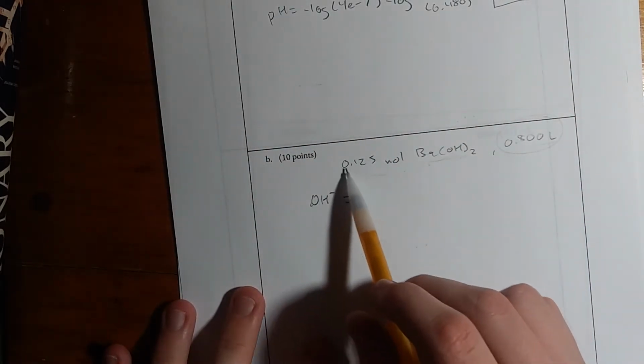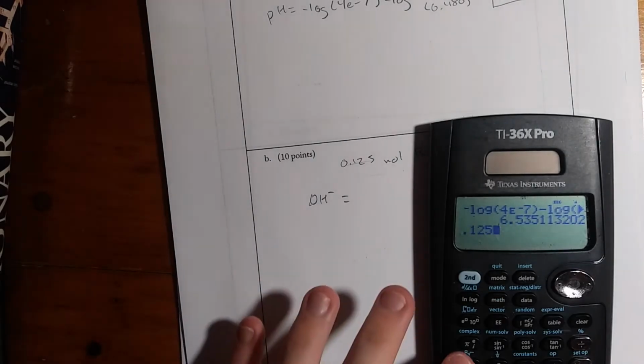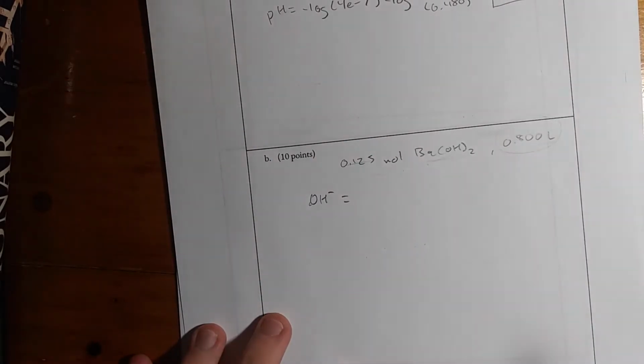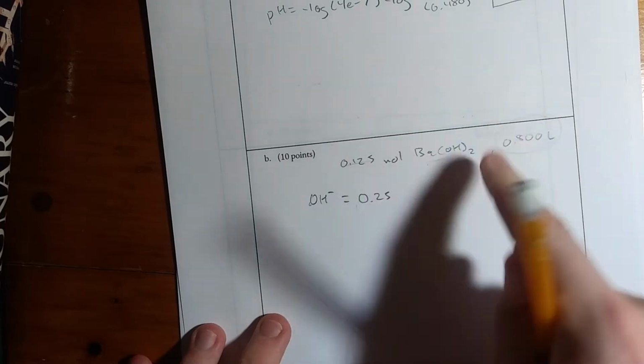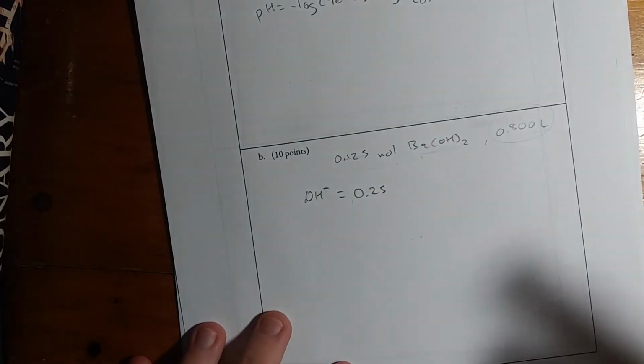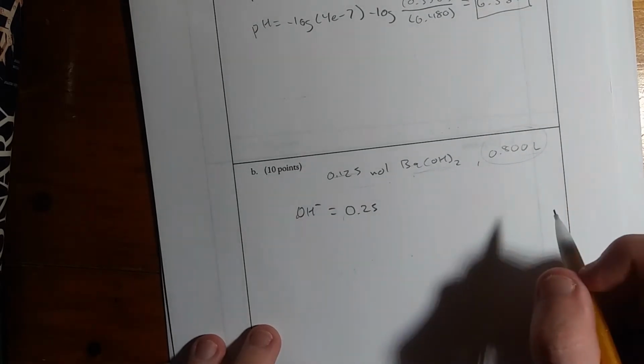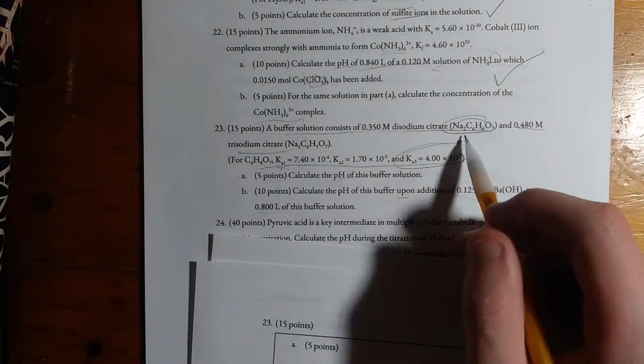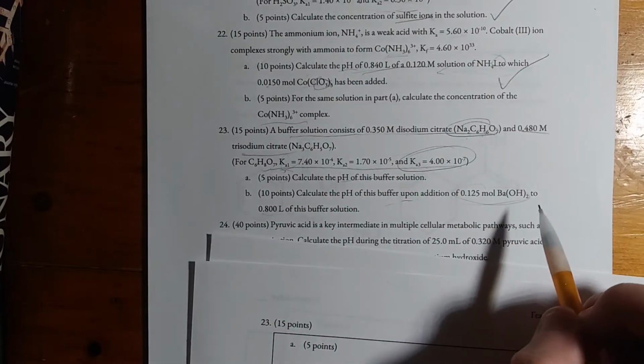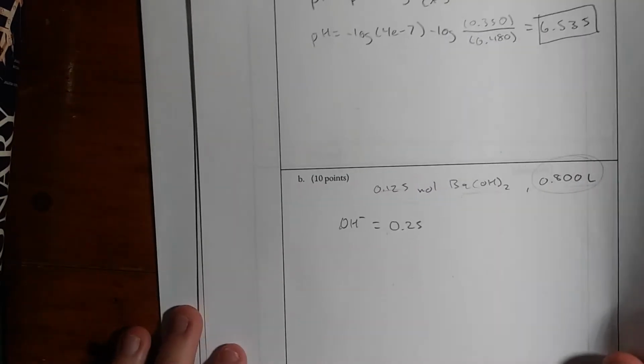So the number of hydroxides is double this, so we're going to do 0.125 times 2. It's 0.25, right? So that's the amount of hydroxide in the system, and that's really what you care about. You don't care about the number of barium hydroxide. You want to know the number of hydroxide. All right. So what we really need to know is the amount of these 2 things left after this amount of barium hydroxide is added. And this is a classic buffer solution problem.